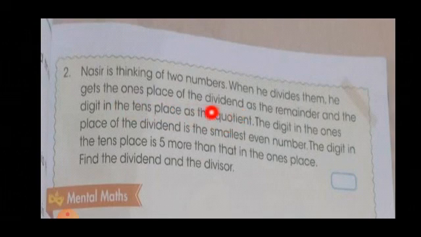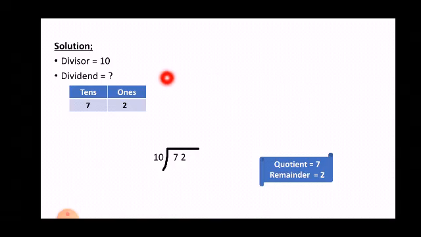This is the definition of division by tens, which we discussed in that topic. So in this case the divisor is 10, because if this is the definition of division by tens, the divisor should be 10. So we get our divisor from the first point, that is 10.